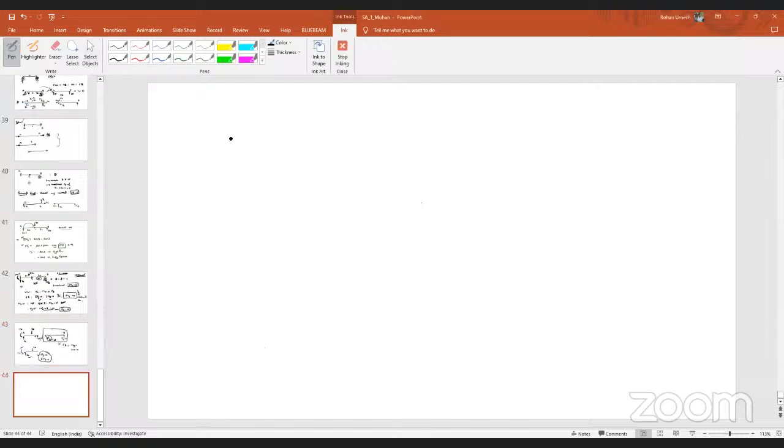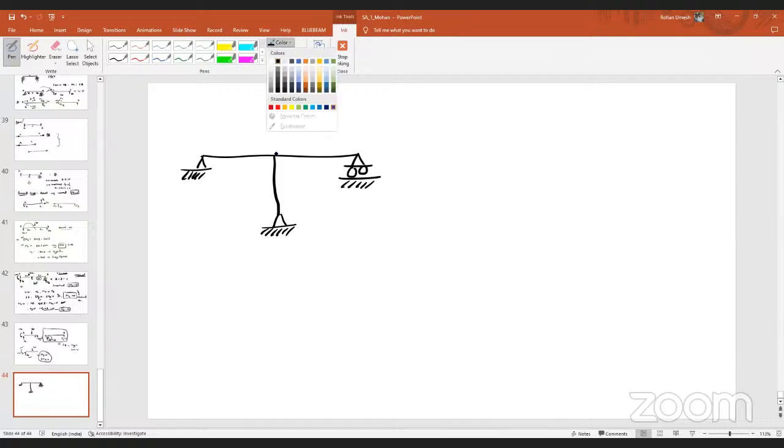Okay, now let me give you one more simple case. Can you tell me what is the indeterminacy?